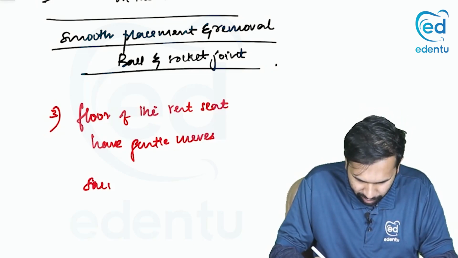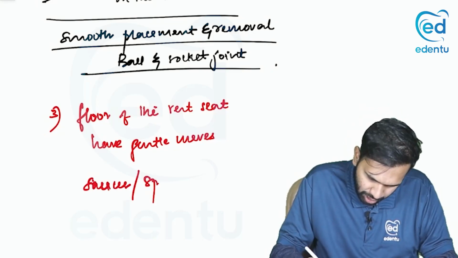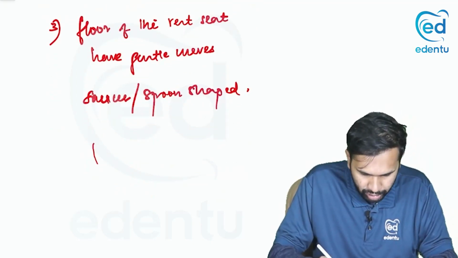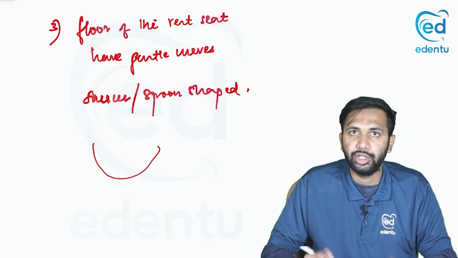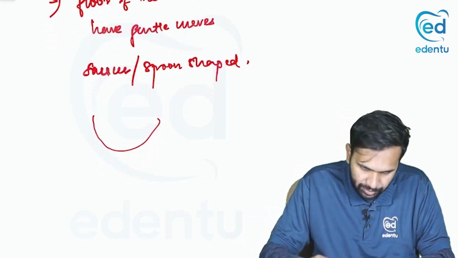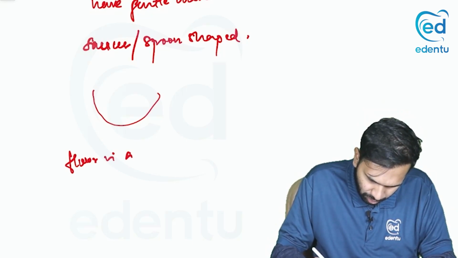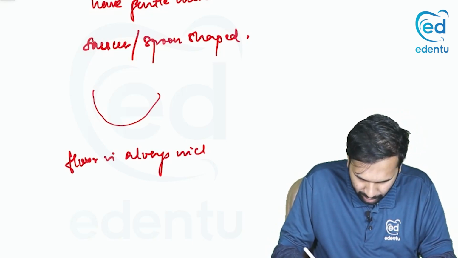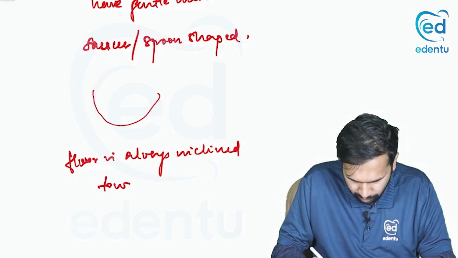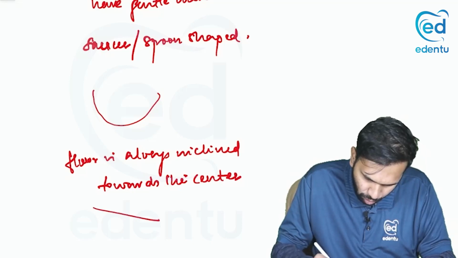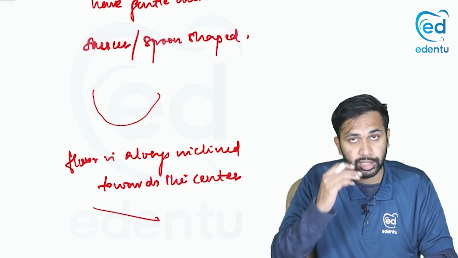That is, it should have a saucer or a spoon shape, like this. It should not be flat. It should have gentle curves, and the floor is always inclined towards the center. The floor is always inclined or sloping towards the center of the tooth, the center of the rest.